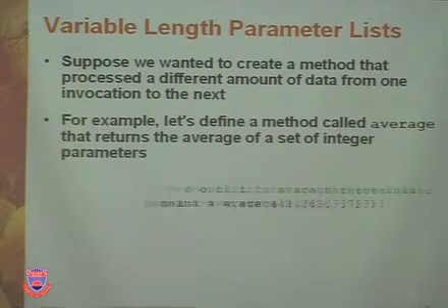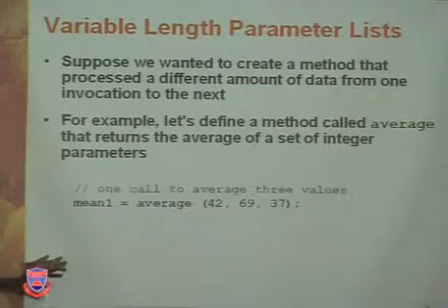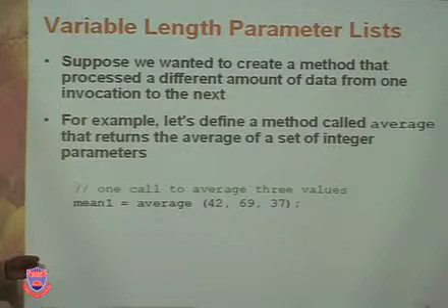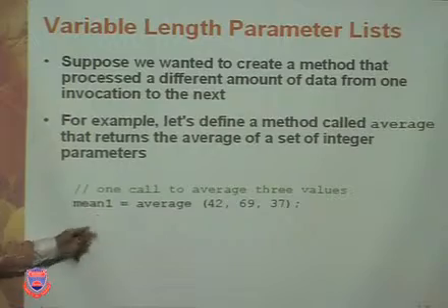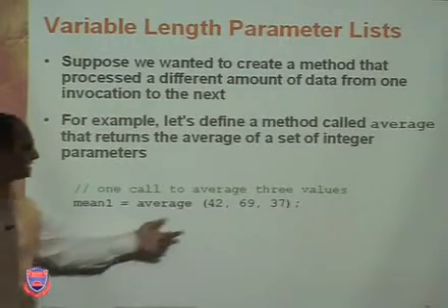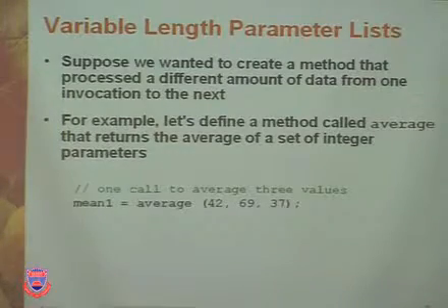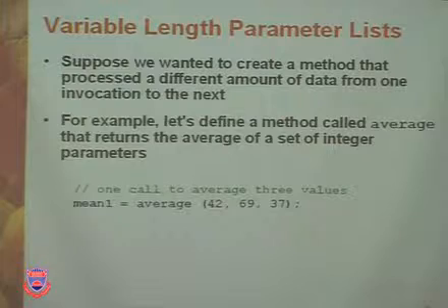Variable length parameter lists. So if you want to use variable number of arguments to a method call, how can you implement this? For example, in this case, if I would like to take an average of the numbers that are passed as an argument, in this case 3 numbers, and then I would like to take also the average of arguments that are 2 or 5 or 6 for that matter.